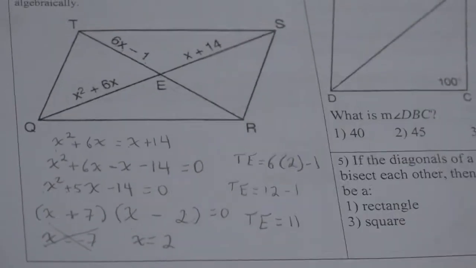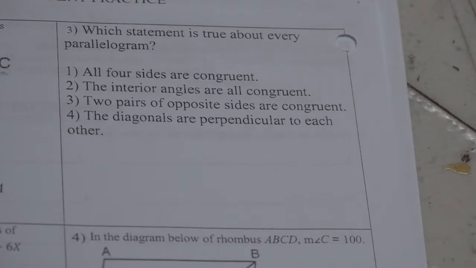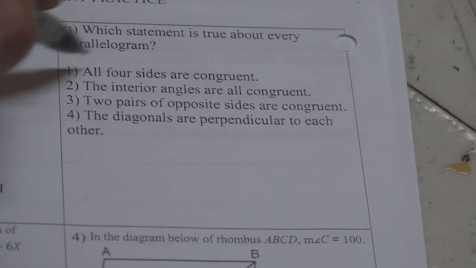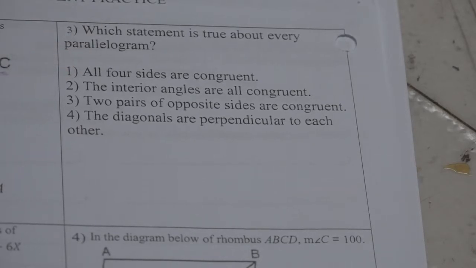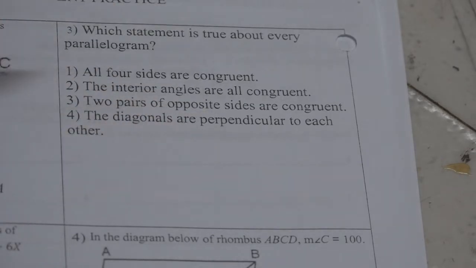All right. So, which statement is true about every parallelogram? All 4 sides are congruent. That's wrong. Only on the square and on the rhombus. The interior angles are all congruent.